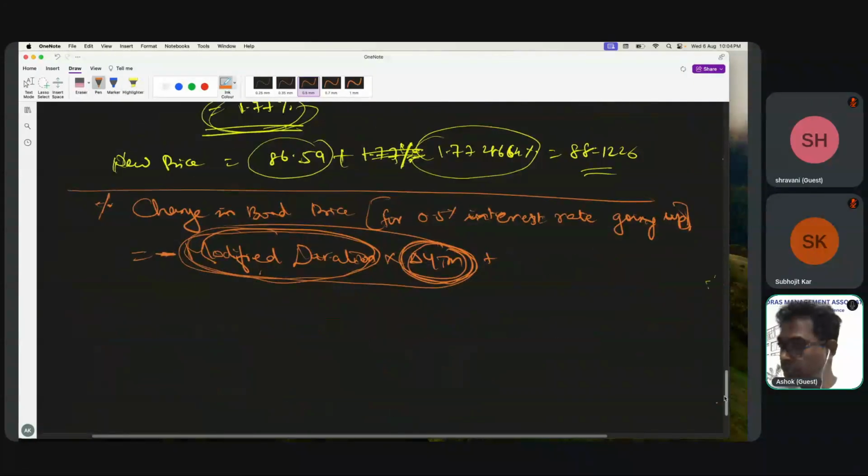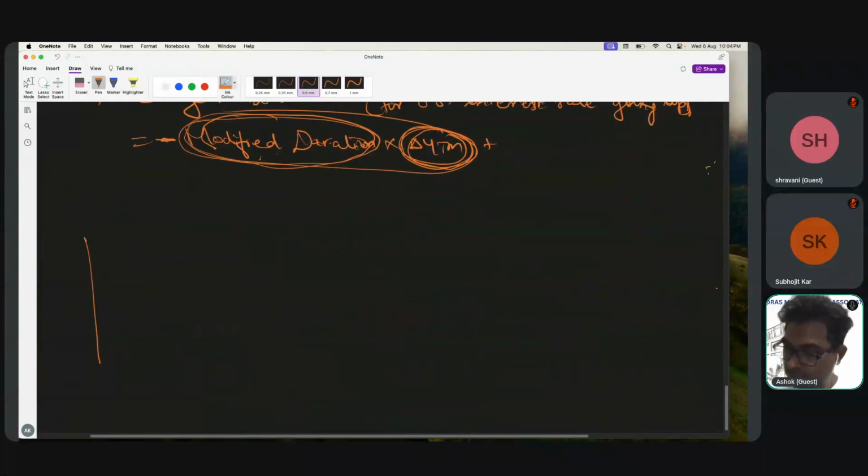convexity always favors the investor. That means, see, this is 10 percentage, this is 1000. When it was supposed to reach only 1100, convexity increases the price.